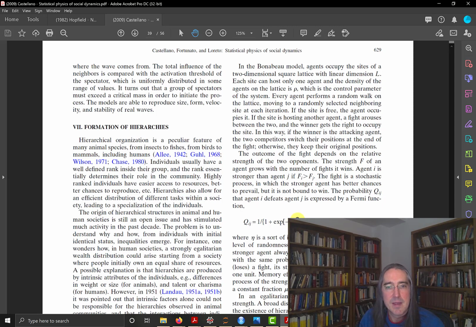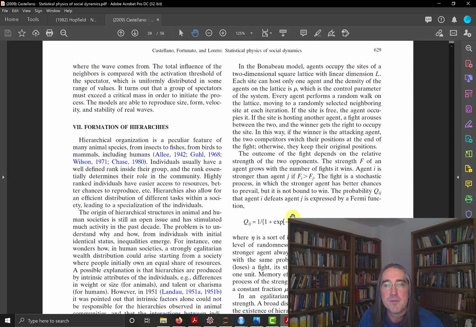Eta is sitting where beta would be, right? Beta is our measure of thermal fluctuation, thermal disorder, or thermal randomness. So eta here is a parameter that determines how random the winner of these fights, these conflicts, is. If eta equals 0, then it's completely irrelevant who is stronger.